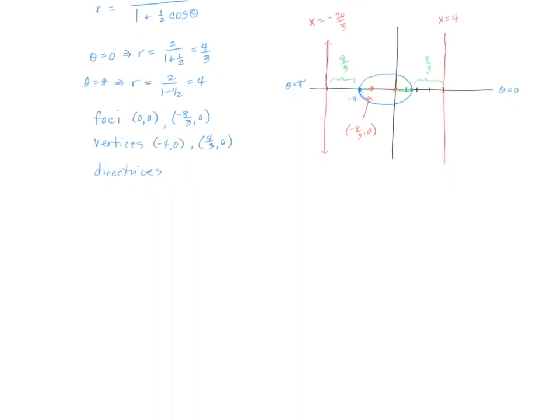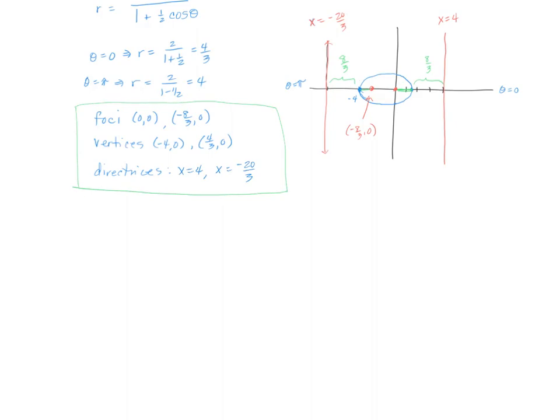Our directrices are these two equations, these vertical lines, x is equal to 4 and x is equal to -20/3. And I think that's all the stuff we had to find.